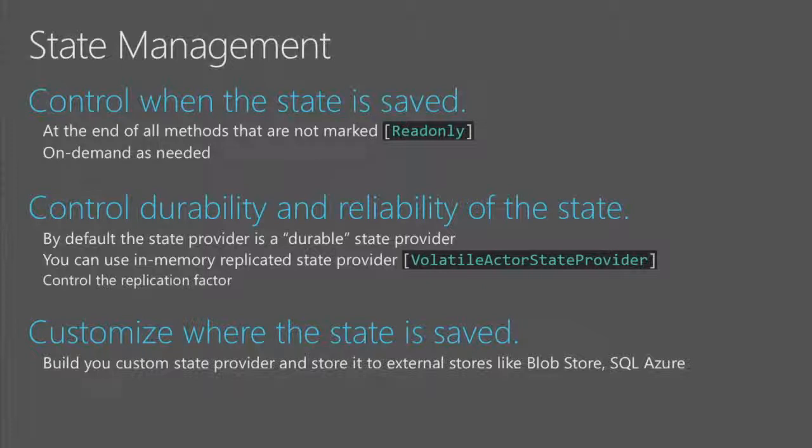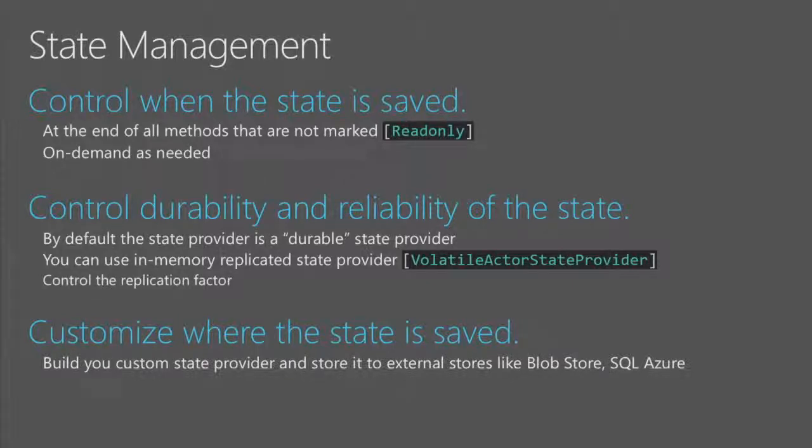You can also customize where the state is saved. So this is where you can say that, well, some frameworks allow me to have an in-memory state, but I want to store the state actually in a backend store, a SQL. I like the programming model, I like the failover, but I'm not ready to store the data into the reliable store that you provide. Well, you can do that.